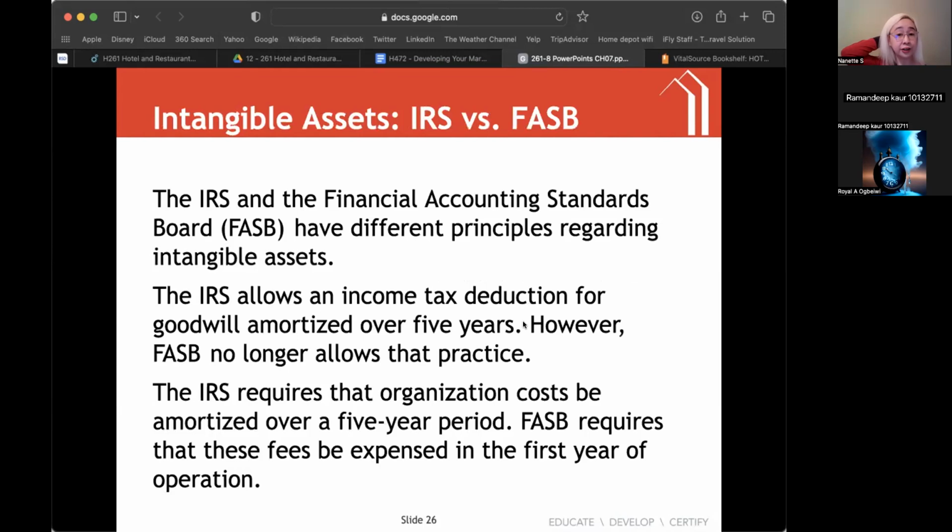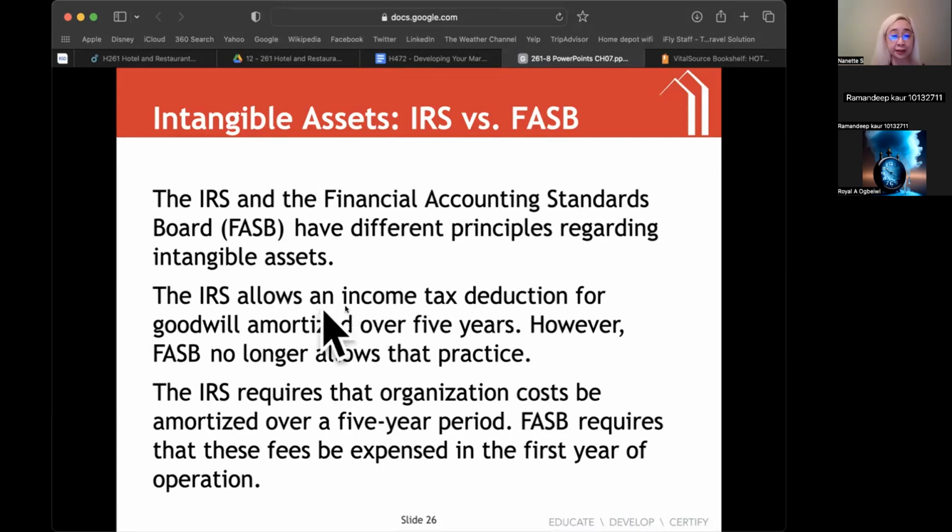So here are some intangible assets. So you have the IRS, which is similar to the CRA, the Canada Revenue Agency. And then you have your Financial Accounting Standards Board. So they have different principles with regards to the intangible assets.